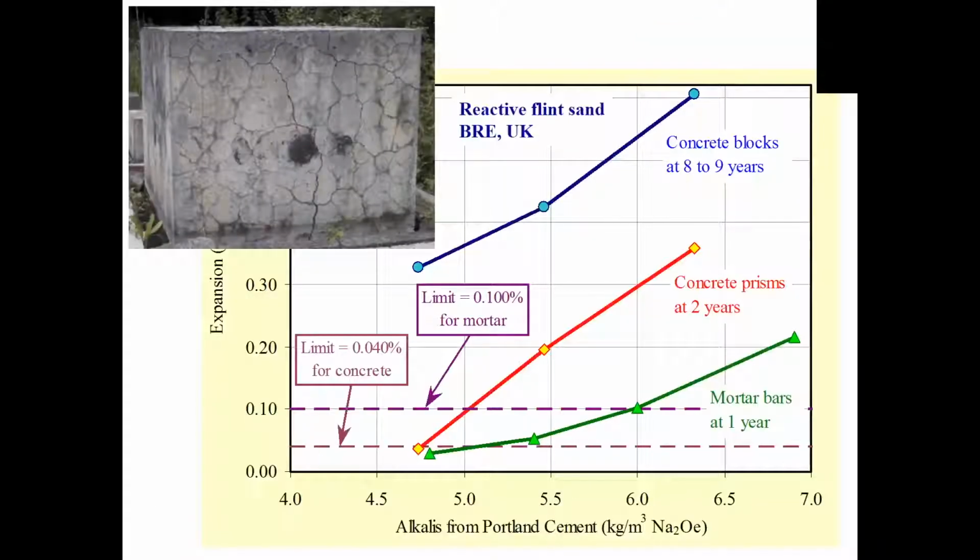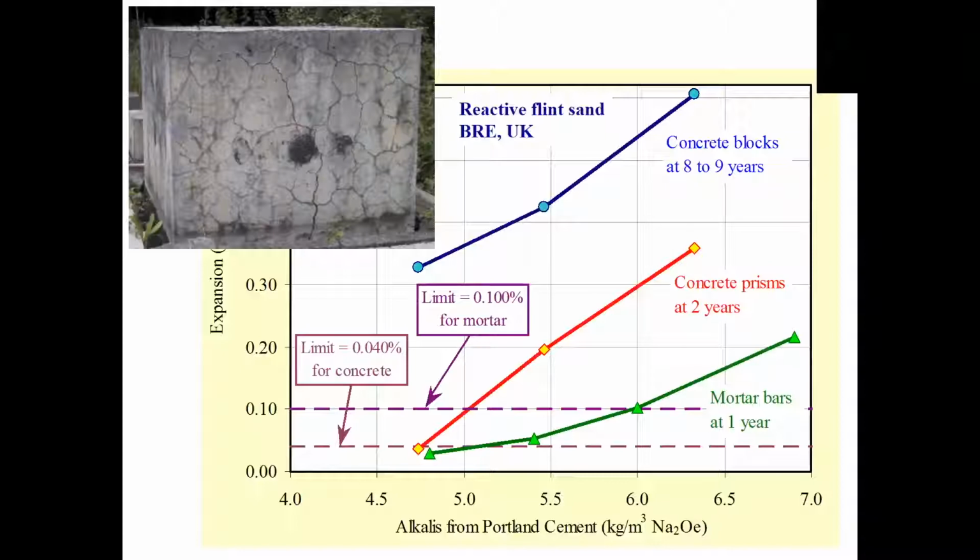So let's look at the concrete prism test, which some people see as the holy grail of test methods. It is much more reliable than the accelerated mortar bar test, certainly for identifying aggregate reactivity. But maybe not so much for identifying whether a particular combination of materials will expand. I'm demonstrating this here with some data from the UK.